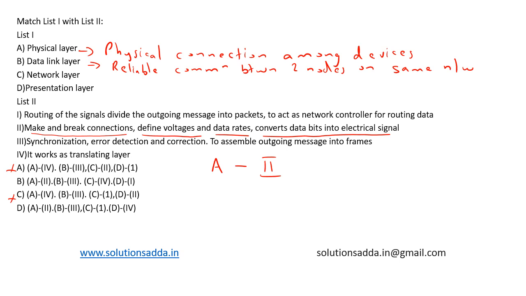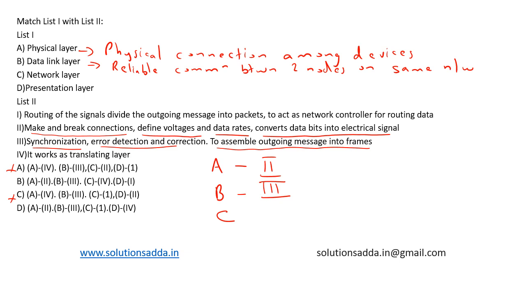Also, it is responsible for packetizing data, error detection and correction, flow control, etc. So from the options we can say synchronization, error detection and correction, and assemble outgoing message into frames can be the duty of data link layer. That is, B can be mapped to 3.